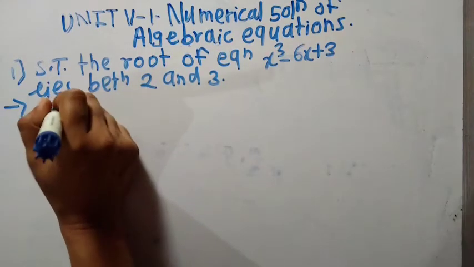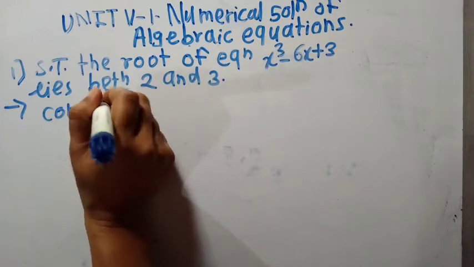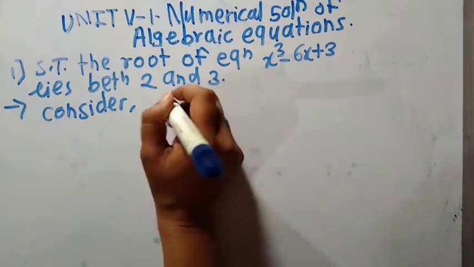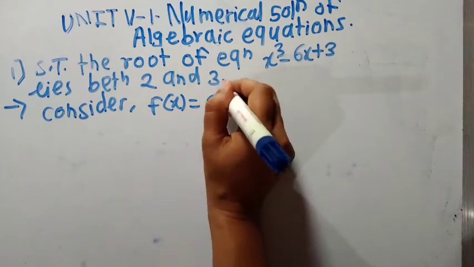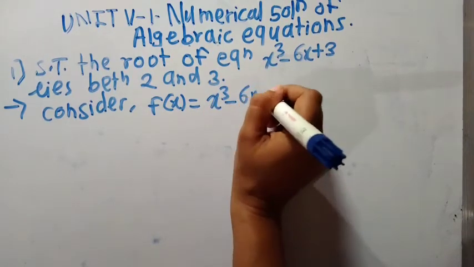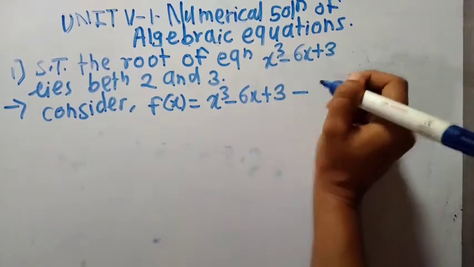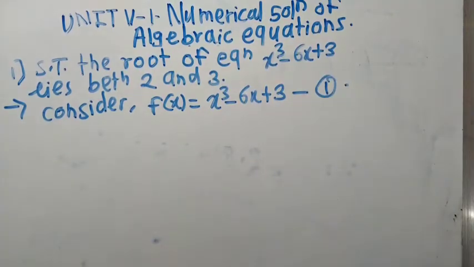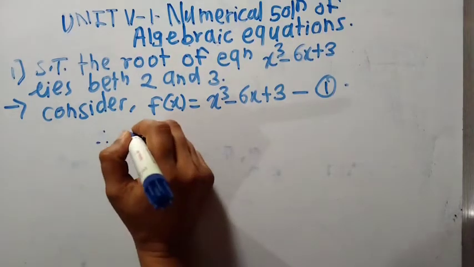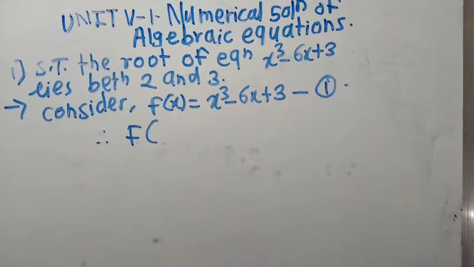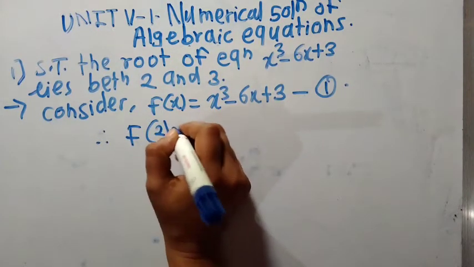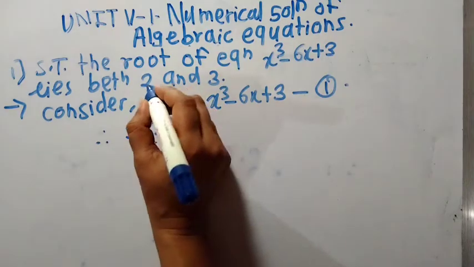So here first consider f of x is equal to x cube minus 6x plus 3. It is first equation. Then f lies between 2 and 3. So first f of 2, put this 2.